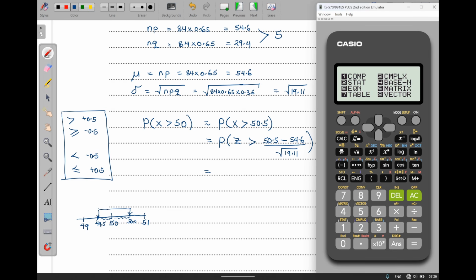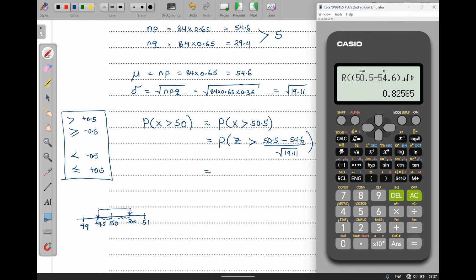So we can come to mode, then we put stat, which is option 3, then we press AC, then press shift, then 1, then 5 for distribution. And this is greater than, which is for R. So I put 3. Now I'm going to write 50.5 minus 54.6, then we divide by the square root of 19.11.